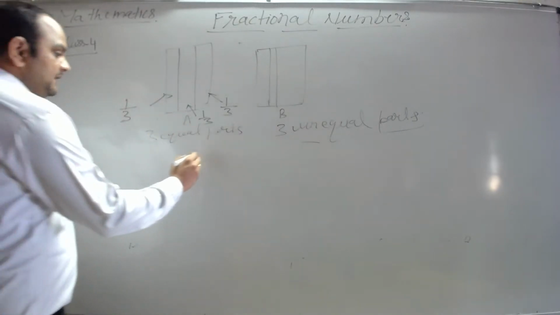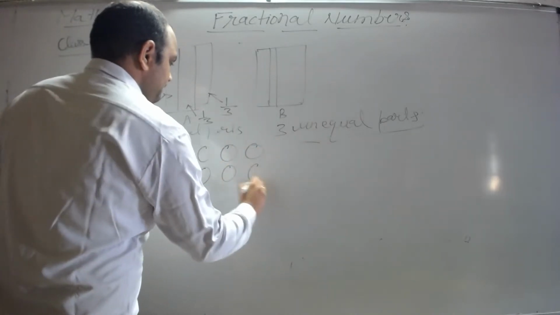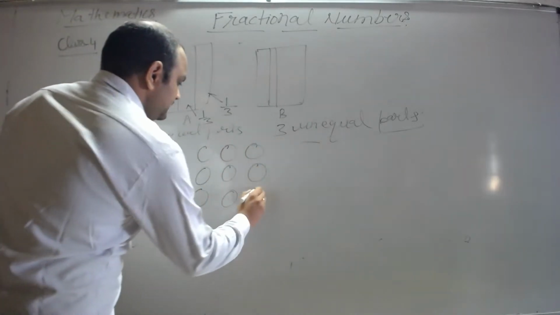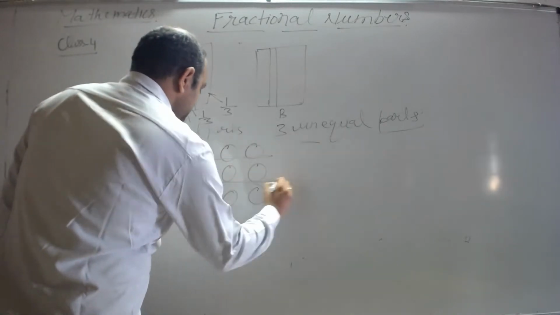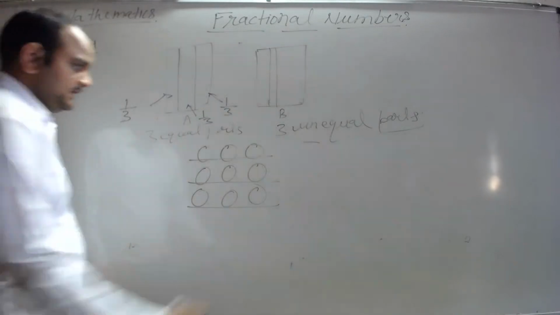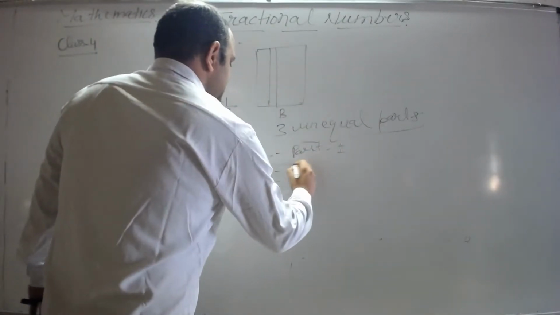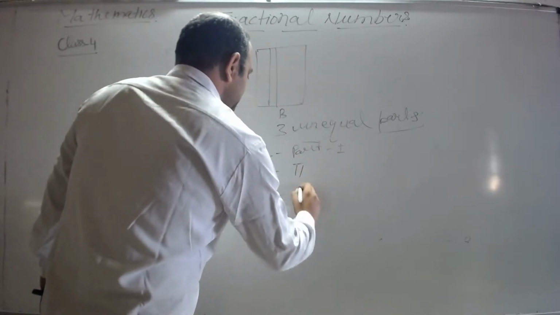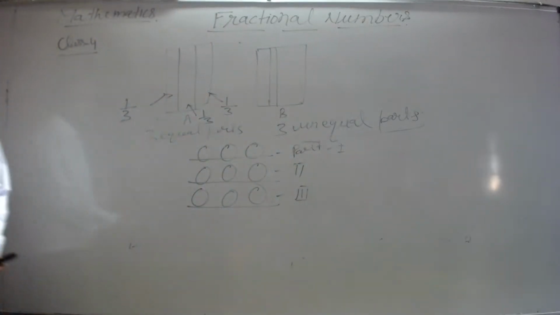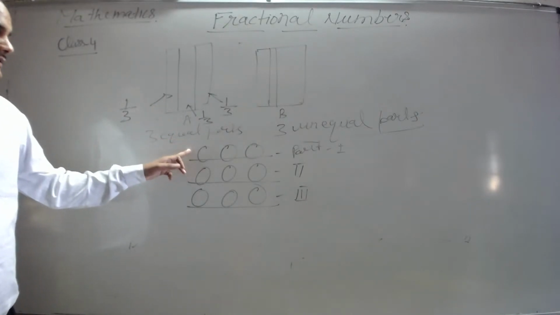And another example is, we have some balls. Here the group is divided into three equal parts. This is part 1, suppose this is part 2 and this is part 3. Each part has 3 balls.